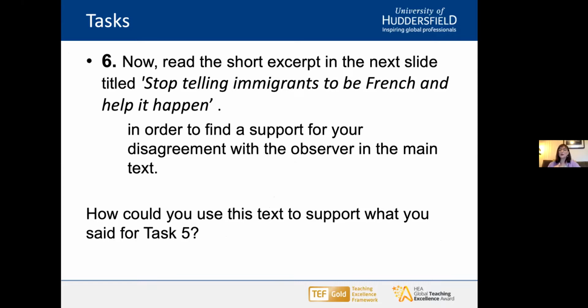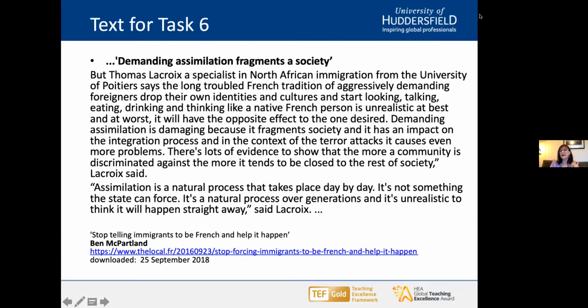And how could you use this text to support your ideas for task 5? Okay, take a quick look at the text. Let's imagine that you want to use this text in order to accomplish task 5. What are you doing? How are you reading?